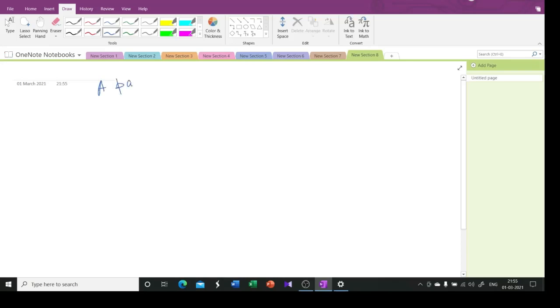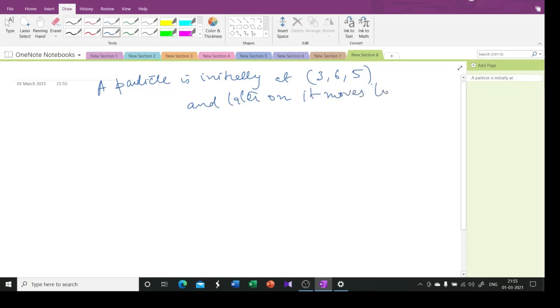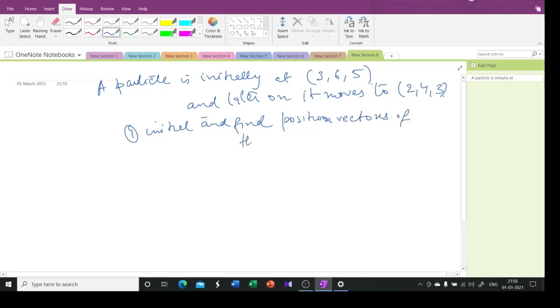A particle is initially at say 3, 6, 5, and later on it moves to 2, 4, 3. What are the initial and final position vectors of the particle? And also, what is the displacement vector?